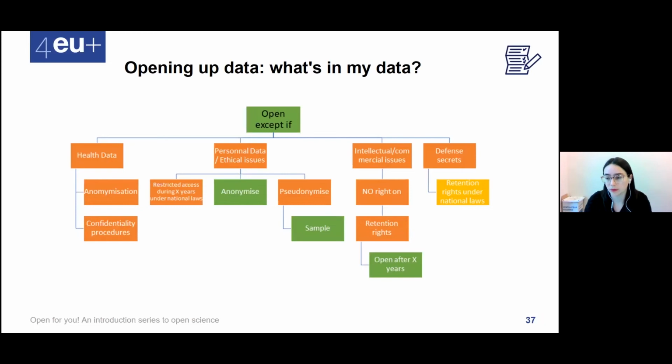Before sharing data, you have to check what your data is. It's a summary: green is open access, orange is yes, but, and yellow is yes, it could be, but under restriction.